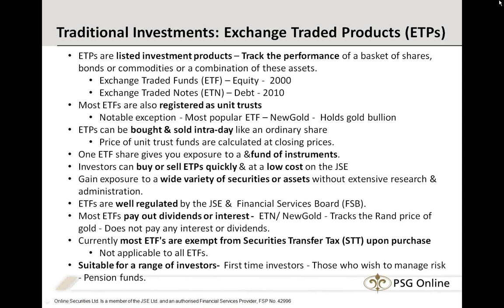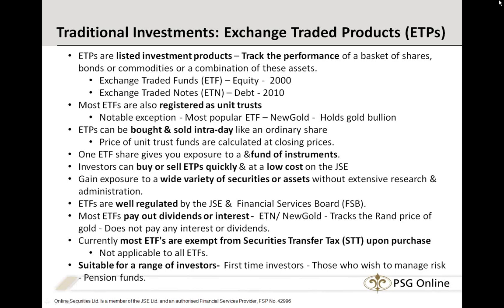The difference is that ETFs focus more on the equity side, and exchange traded notes are more a debt instrument and focus mainly on commodities. Similar to unit trusts, they track listed investment products, a basket of shares or the underlying performance. Most of them are registered as unit trusts, with the notable exception of New Gold, which holds gold bullion.